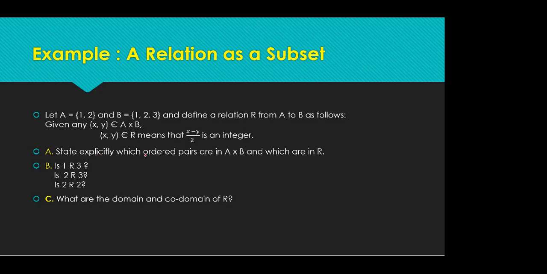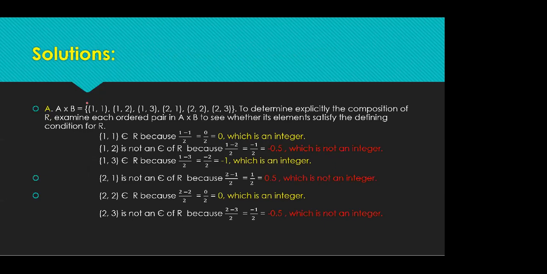So let's give an example. State explicitly which ordered pairs are in our Cartesian product of A and B and which are in the relation. So from yesterday, the Cartesian product of A to B is this: 1, 1.